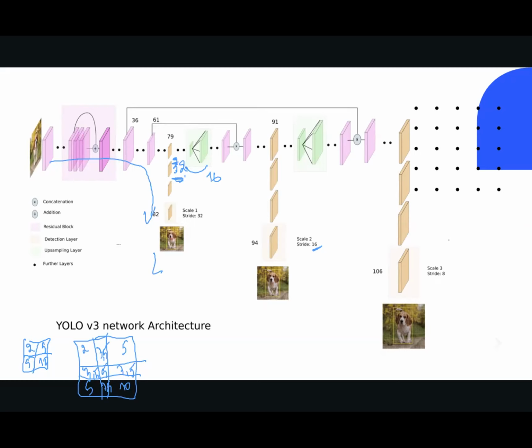Okay. So as we said, it's pretty direct. What it does is it makes the input image a bit bigger. The first part is where we're looking for the large objects. When we make it a little bit bigger, from a 32 stride to a 16 stride, again this is just a couple of convolutional layers, nothing interesting happening here.